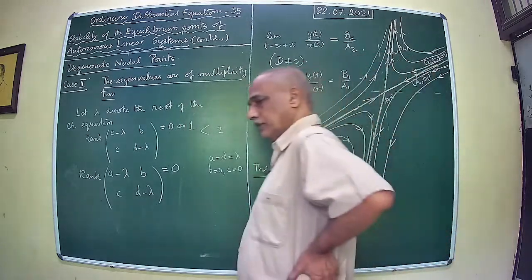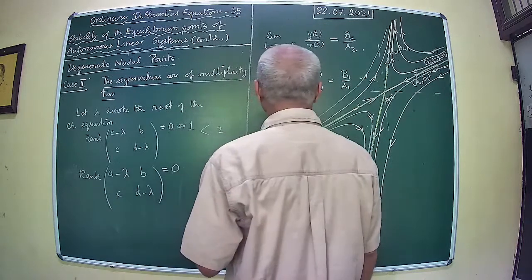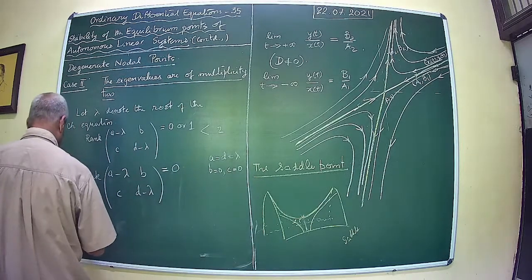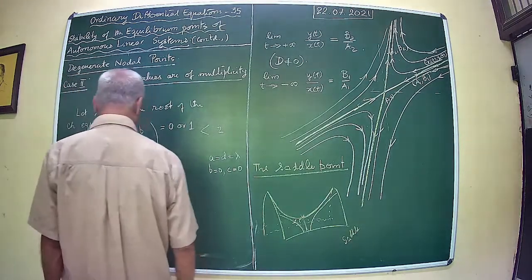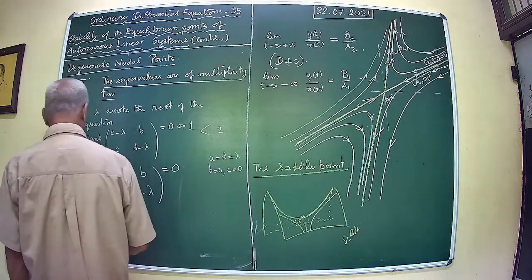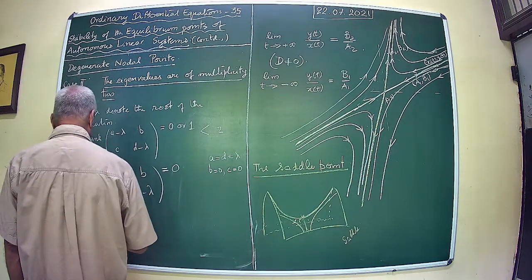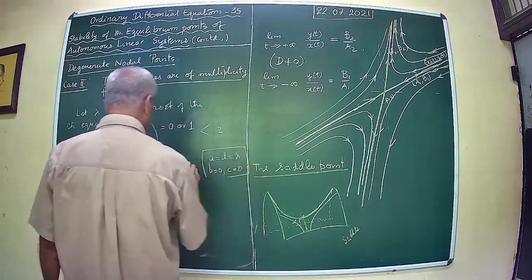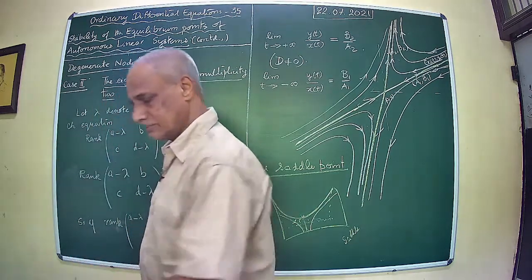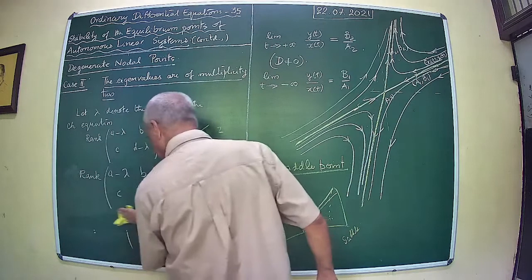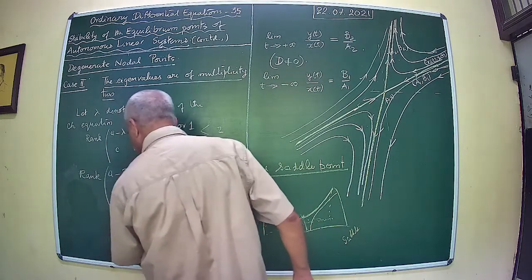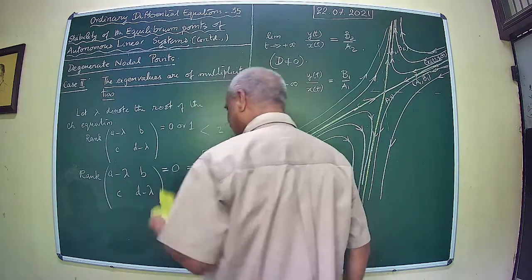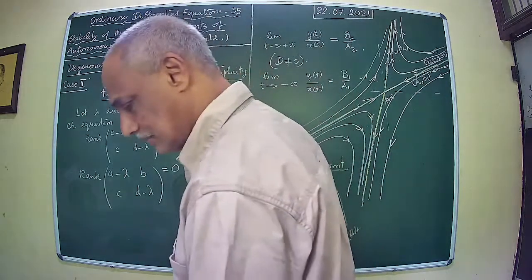So if the rank of... okay, this implies, right, and no other case it will happen, otherwise the rank will become 1 even if these are the eigenvalues. Okay, so this is what you have.